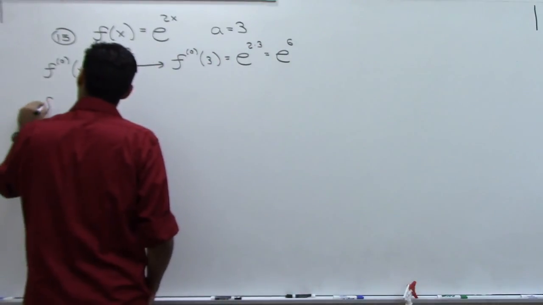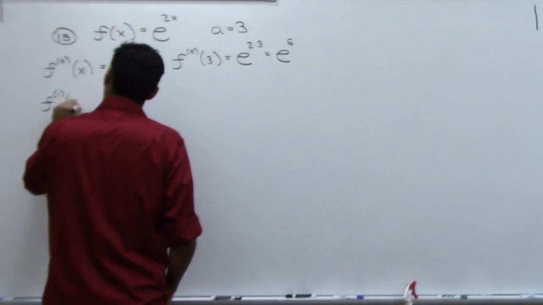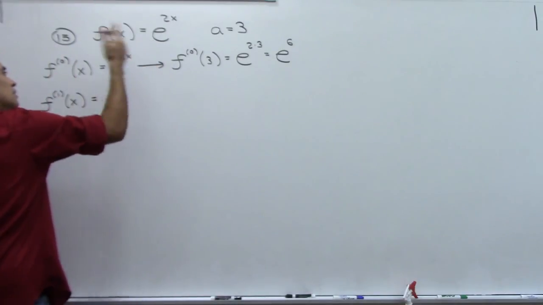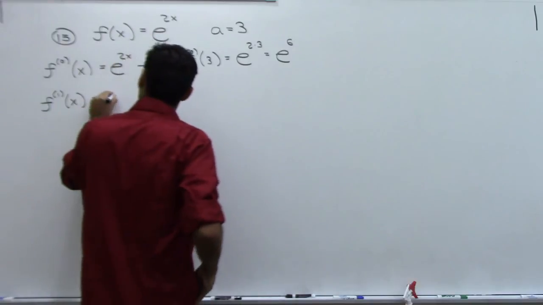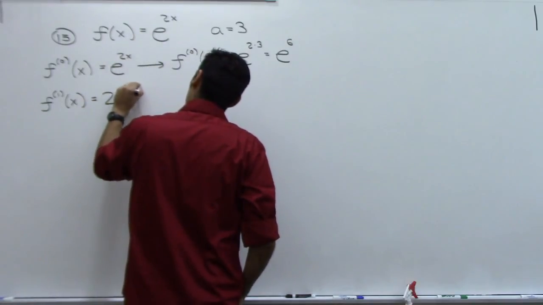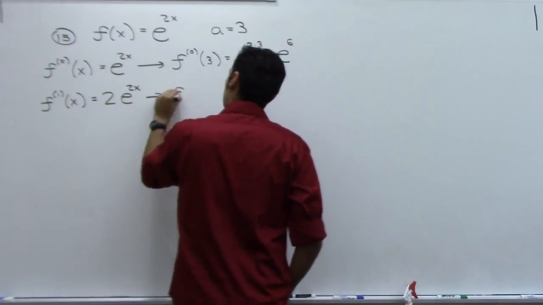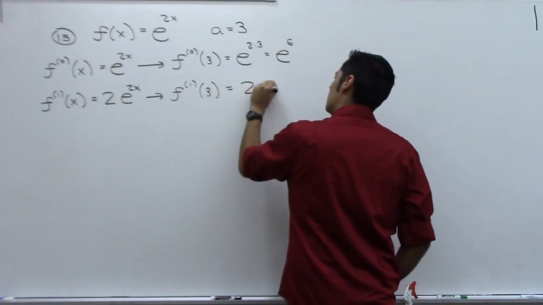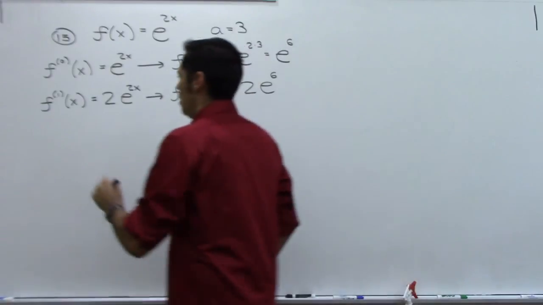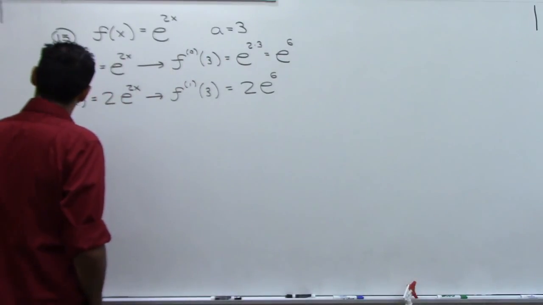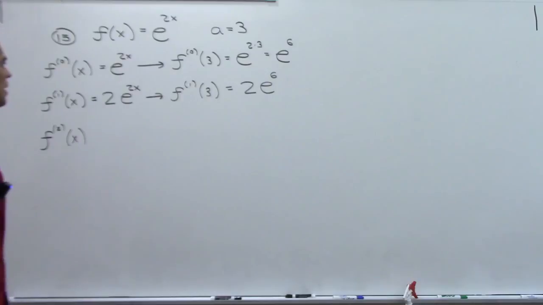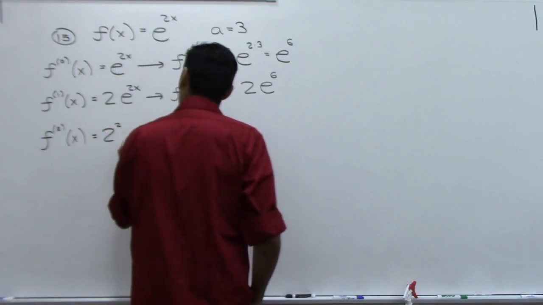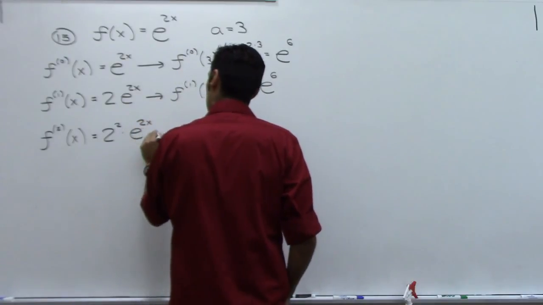If I do the first derivative, because of chain rule, the derivative of this is itself, but then a 2 pops out, so I'm going to get 2e to the 2x. If I plug in 3 into that first derivative, I get 2e to the 6th. If I do the second derivative, same thing, another 2 pops out, so now I get a 2 squared, e to the 2x.